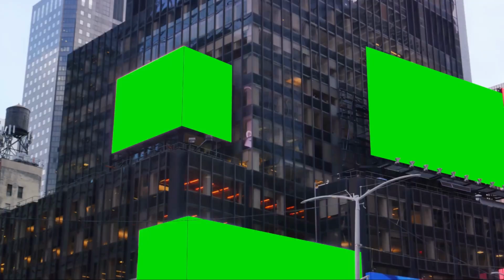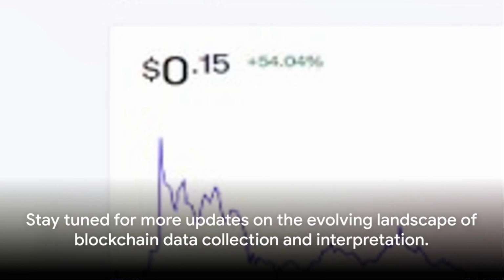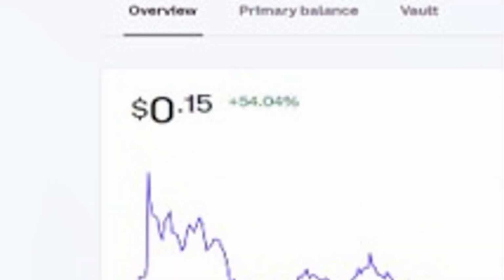As we've discussed, this move has significant implications for the crypto industry, highlighting the necessity for decentralization, even in the infrastructure providers that power major Web3 products. Stay tuned for more updates on the evolving landscape of blockchain data collection and interpretation.